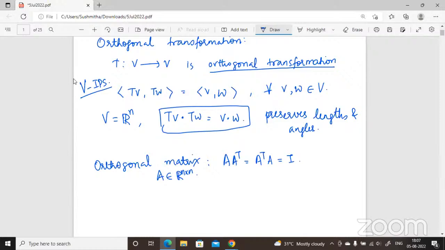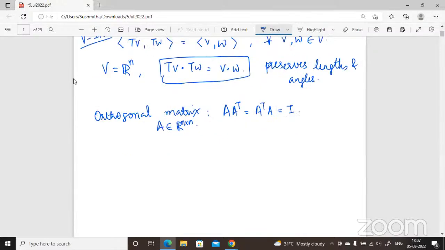We know a lot about orthogonal matrices, right? What is the determinant of an orthogonal matrix? Plus or minus 1.